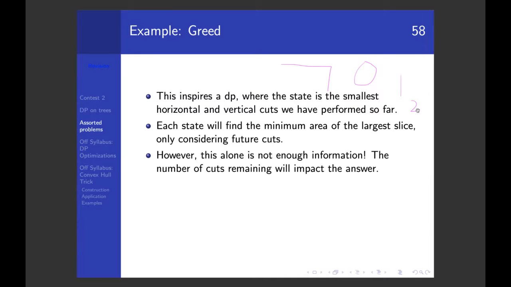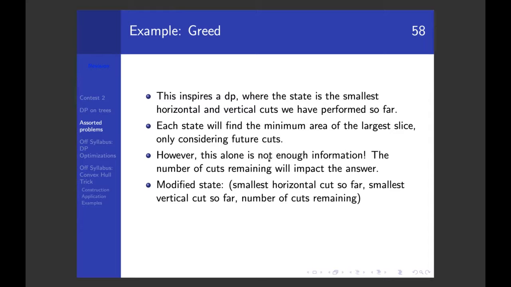They all impact the answer as much as just knowing the states do. And because of that, we can modify our states slightly. So it stores the smallest horizontal cut so far, the smallest vertical cut so far, and the number of cuts remaining.